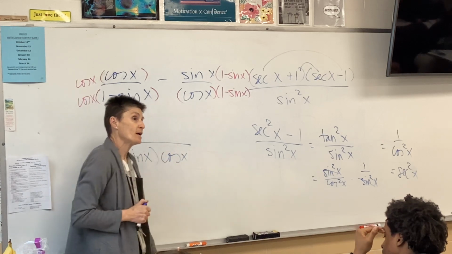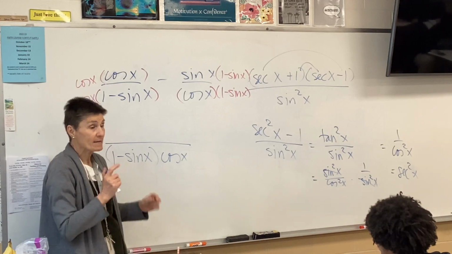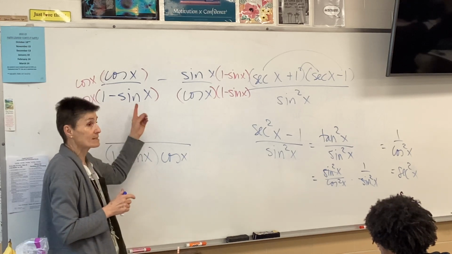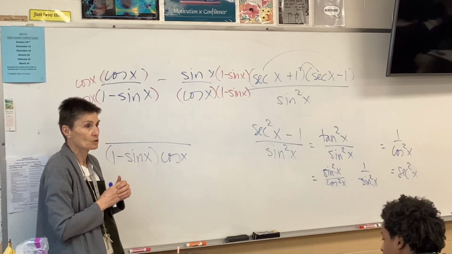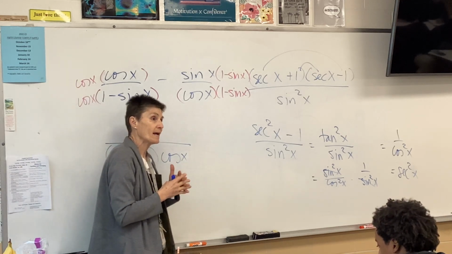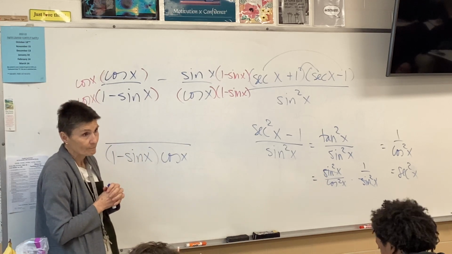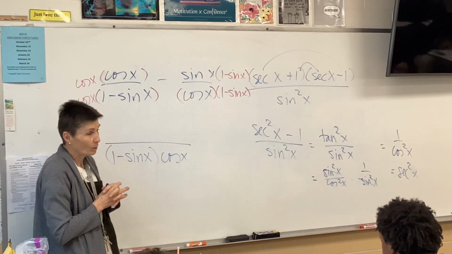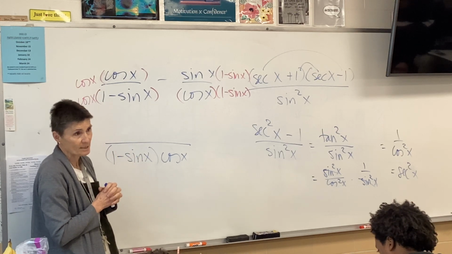You cannot change sines and cosines unless they're squared. If you had a 1 minus sine squared, absolutely that would be cosine squared. But the Pythagorean identities only work if they're squared. I wish they worked all the time. Life would be so much easier.